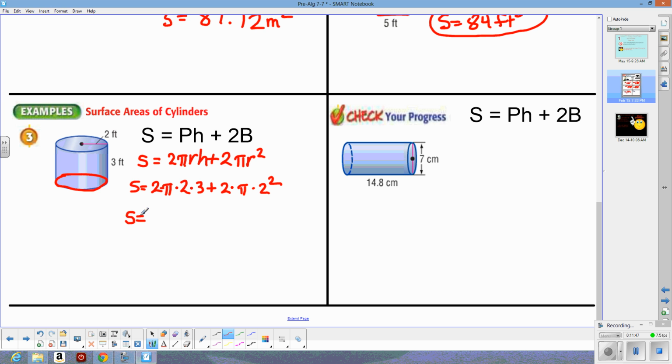Now I'm going to go ahead and type this entire expression into my calculator. With pi, we're going to end up with some kind of ugly numbers. So rather than doing 2 separate pieces, I'm going to just type the entire thing in, and then at the end we'll round it to the nearest tenth.